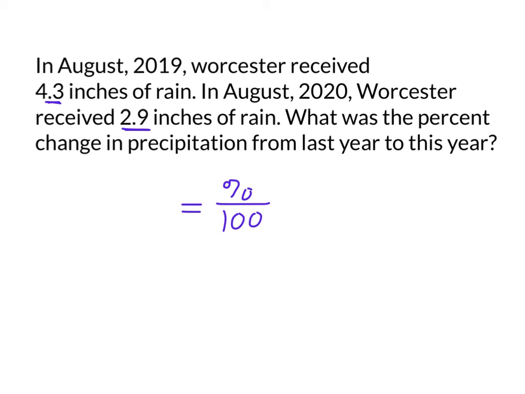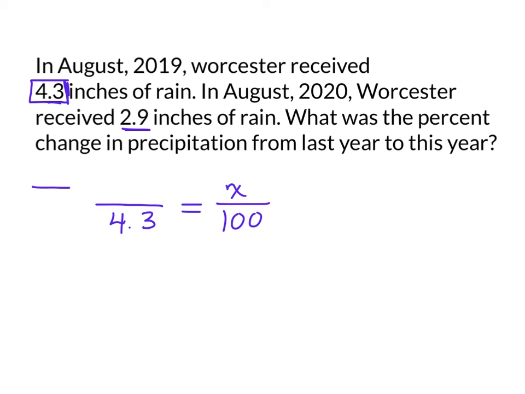We're looking for the percent. So it's something over something equals percent over 100, and instead of percent, I could write x there. Our part and the whole is what we have to think about here. So it's the amount that it changed by divided by the original amount. Well, that original amount would be that 4.3 inches, the earlier number of inches.